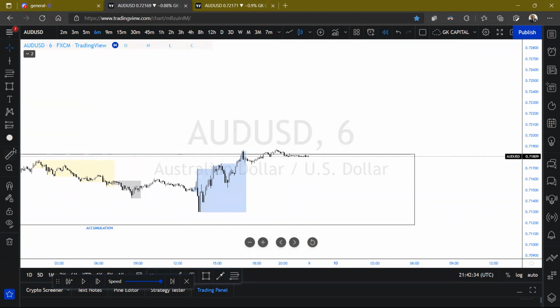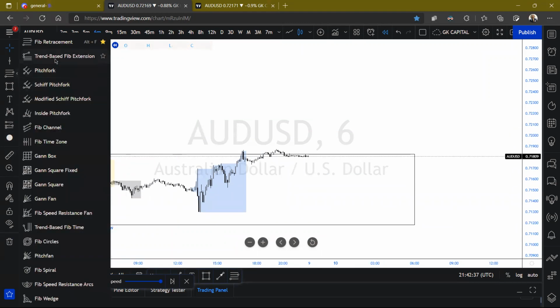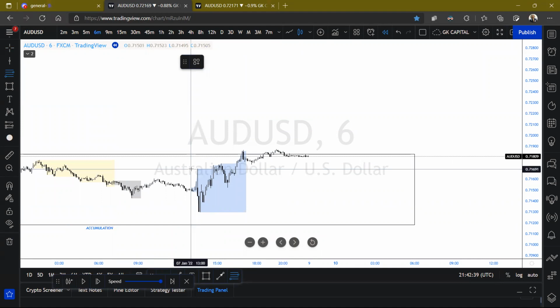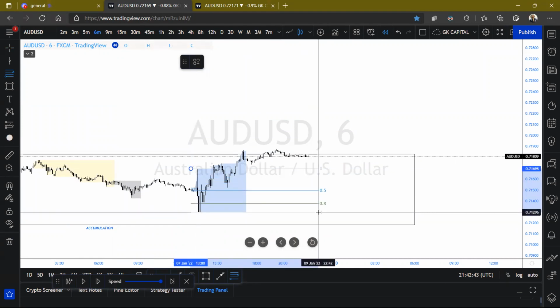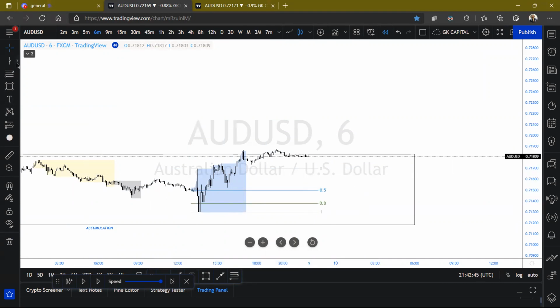Now if we look at the whole of this, the whole move down, 50%, this is what price came into.